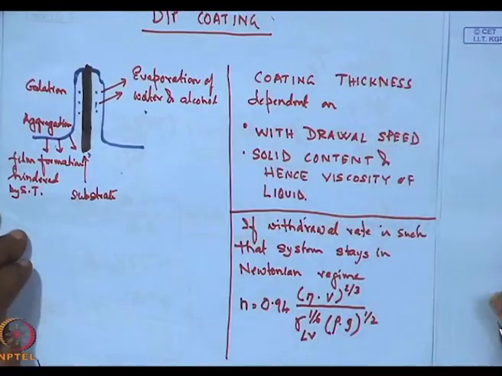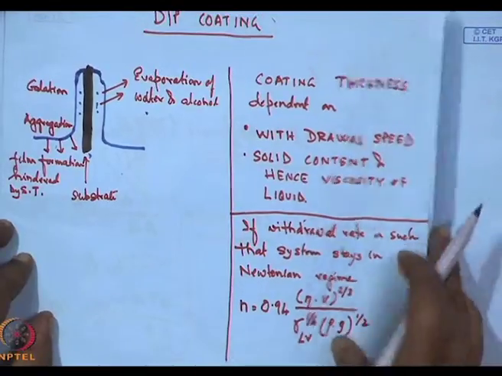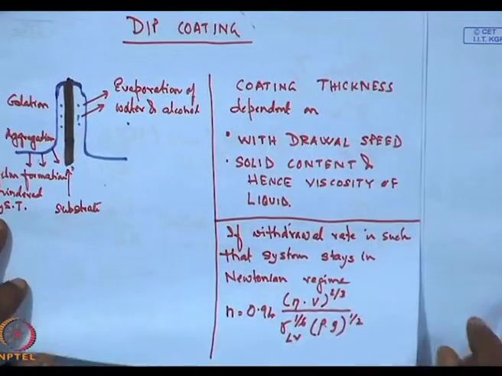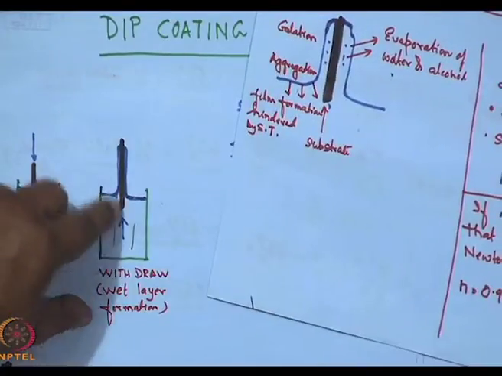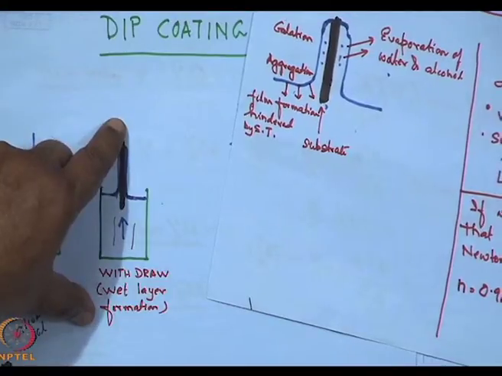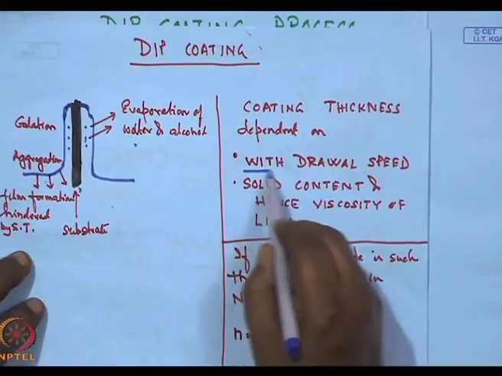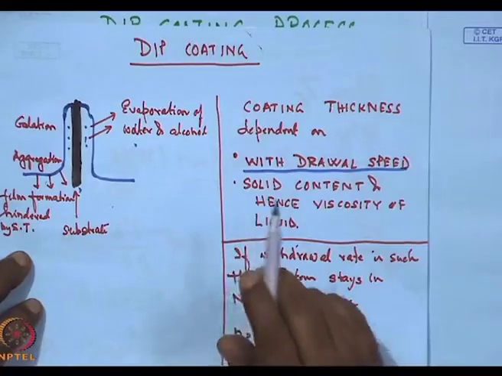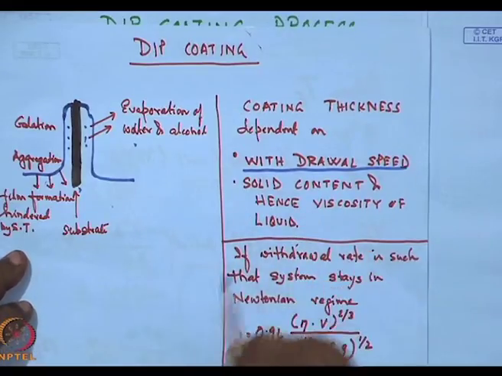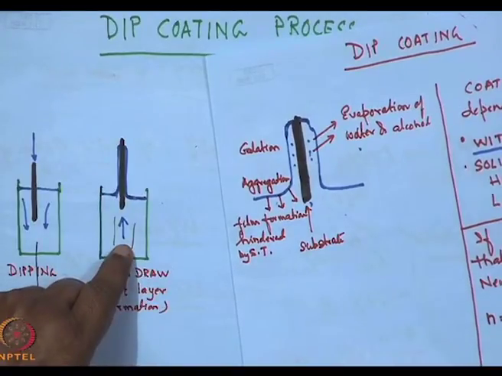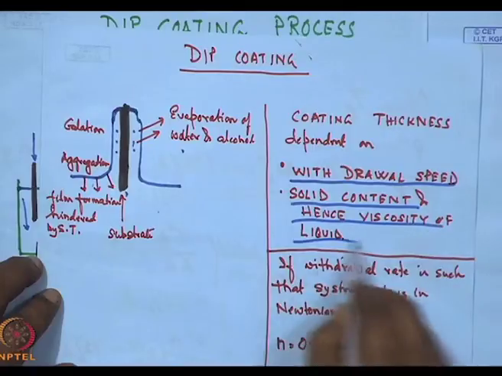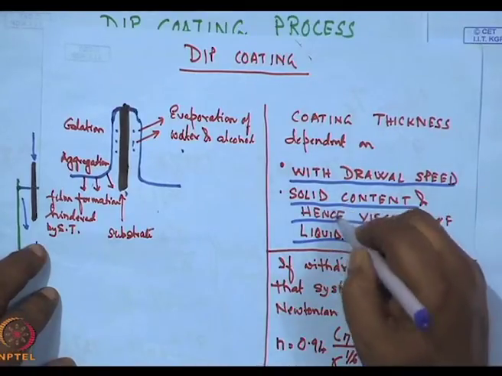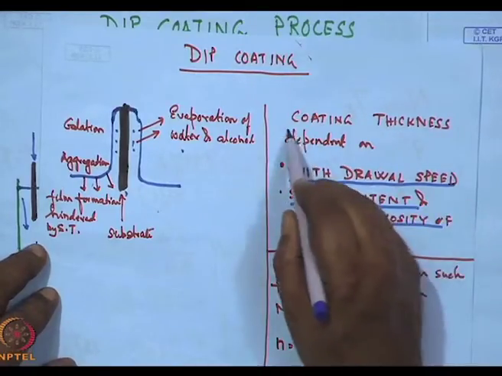Now, this coating thickness will be dependent on the speed at which I withdraw this substrate, that is withdrawal speed, and also the amount of the gel in this particular liquid. So, this is the solid content and hence viscosity of the liquid. These are the two factors which will control the coating thickness.